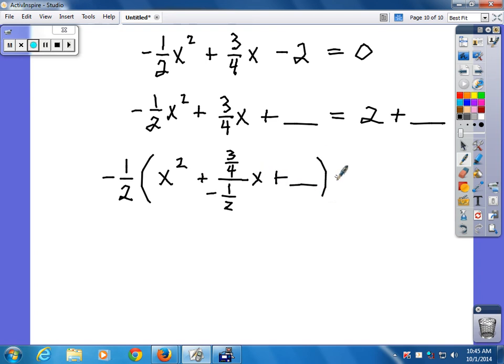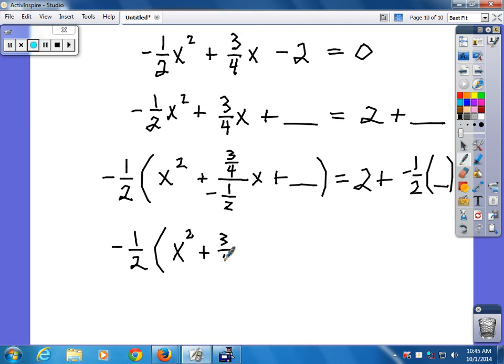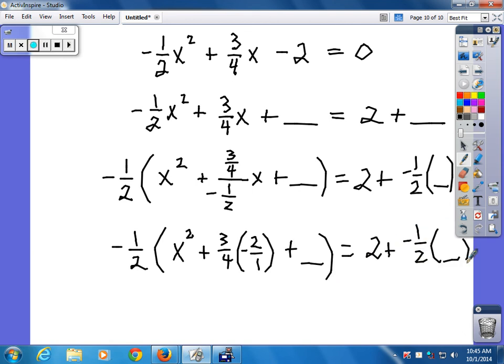Plus blank is equal to 2 plus negative 1/2 times blank. All right, so that's going to be negative 1/2 times x squared, and this is going to be positive 3/4 multiplied by what? 2/1, plus blank is equal to 2 plus negative 1/2 times 1.